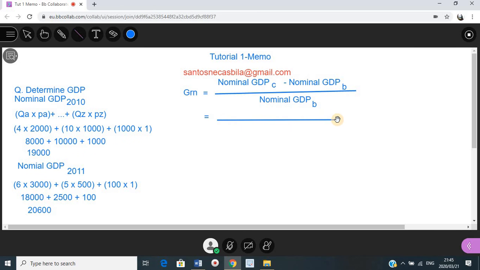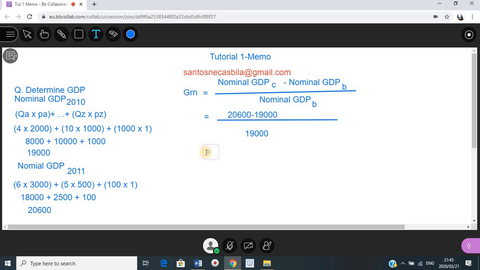Okay, very good. So this is going to be 20,600 minus 19,000, divided by 19,000.